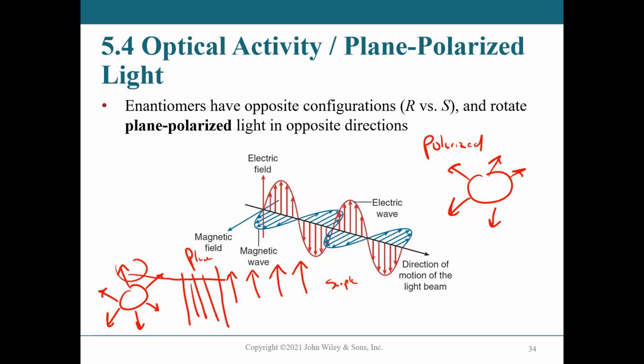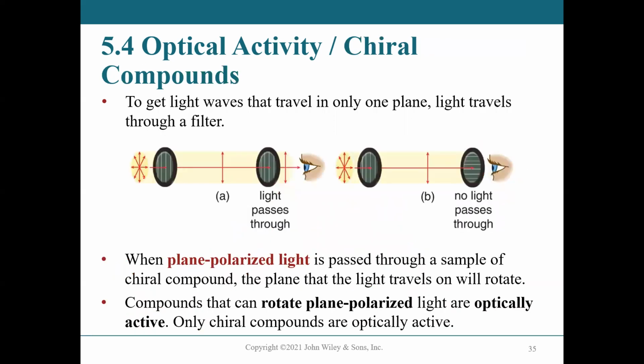And they do a good example on this slide right here, so I wanted to try to show it to you. This could be any light source, and you have this filter. The light passes through that filter, and that's what we're seeing right here. You can get some really good optics when you look at plane polarized light.